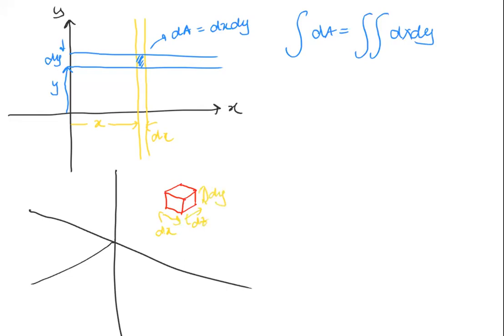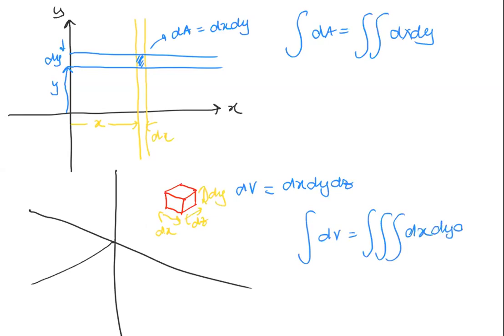So you would get dv is equal to dx dy dz. Therefore, integral dv is equal to triple integral dx dy dz, which is beyond our syllabus. If we get time, I'll show you hints of this integral of dx dy dz. Okay?